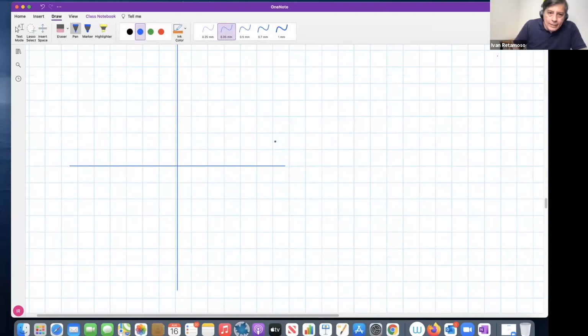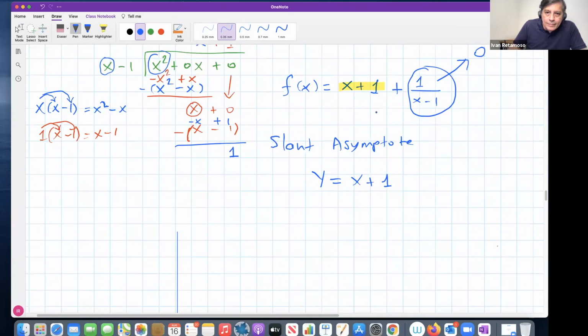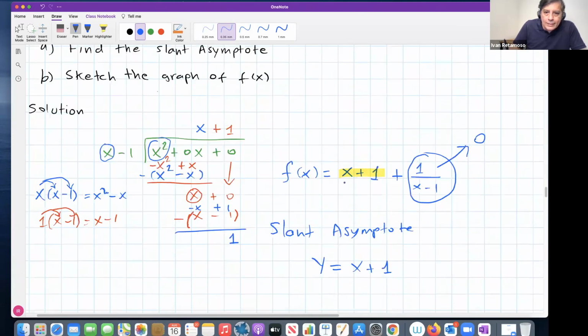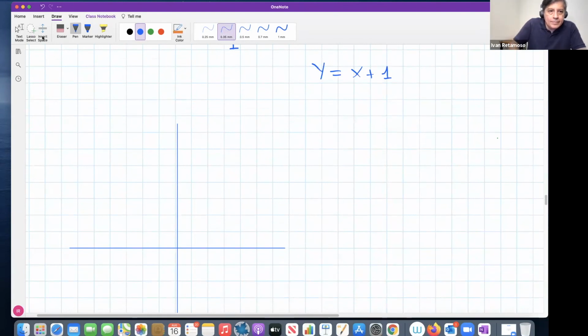So again, the vertical asymptote is x equals 1. Let's say 1 is here. Let's move it a little bit to the right.